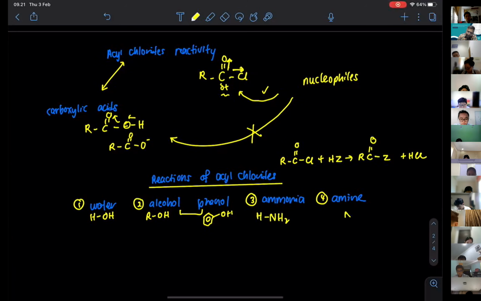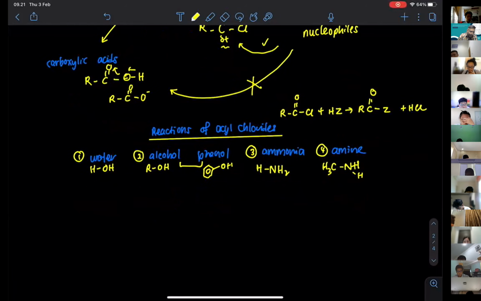Amine, NH2, then this one is CH3. So I just need to separate one of the hydrogen. So maybe I separate H and another H here.